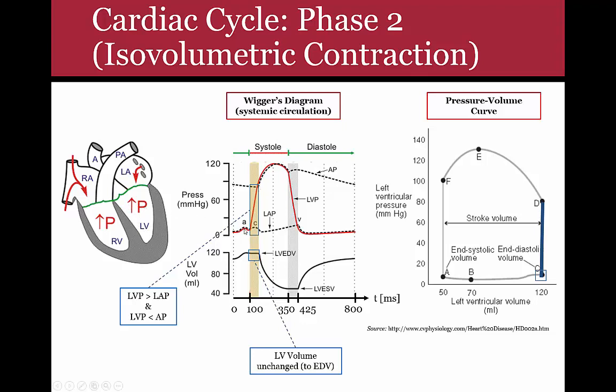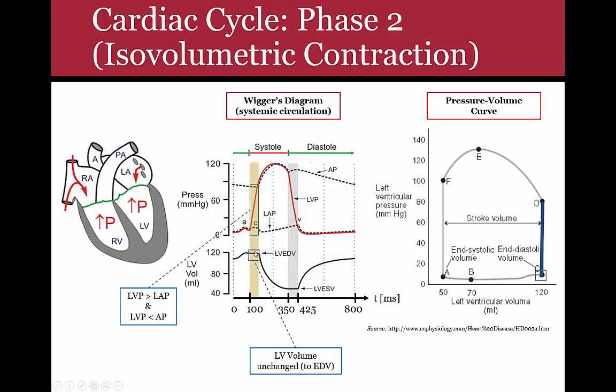If you look over here, the red line is now above the dotted line, so you have no flow from atrium to ventricle now because the valve is closed. But it's still below the dotted line on top, which is the aortic pressure, so you have no flow going out. That's why it's called isovolumetric contraction: you're increasing pressure and your ventricle is contracting, but there's no volume change because nothing has been ejected out.